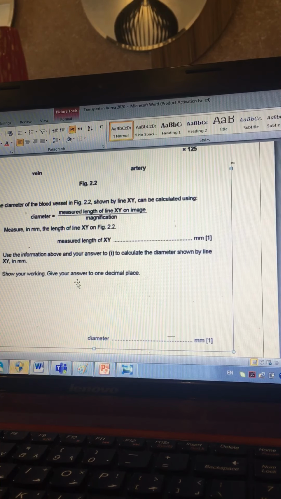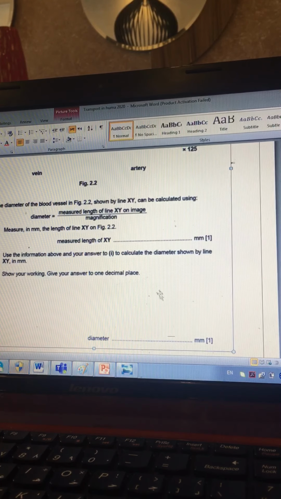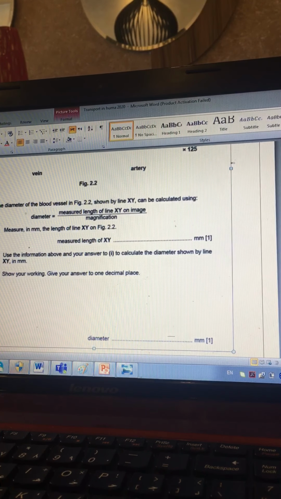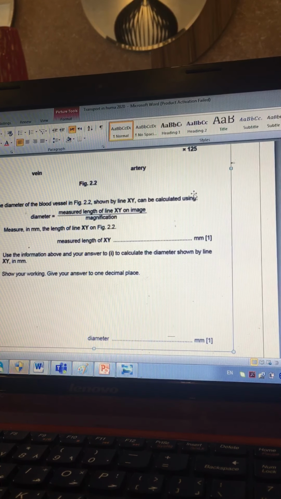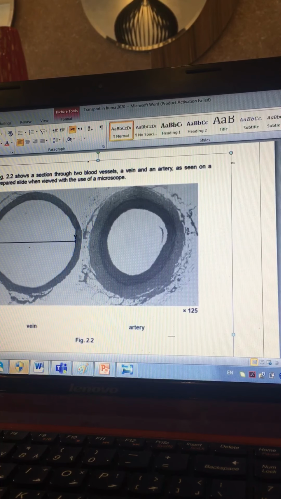So here, in order to calculate the diameter shown by XY in millimeter, you should measure the length of the XY on the image. Let's go back to the image. It is set under microscope. So always the specimens under microscope, they are magnified.